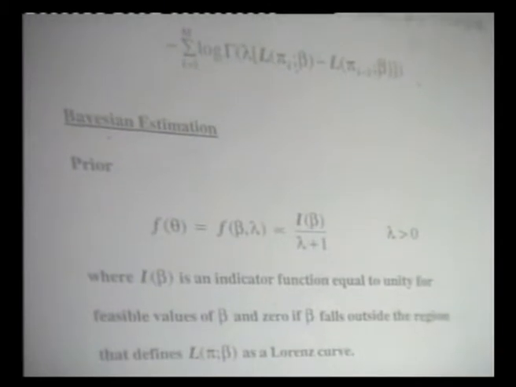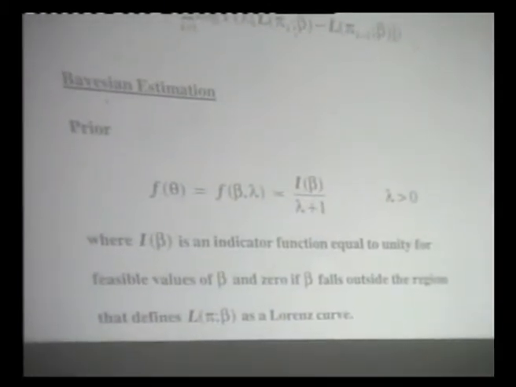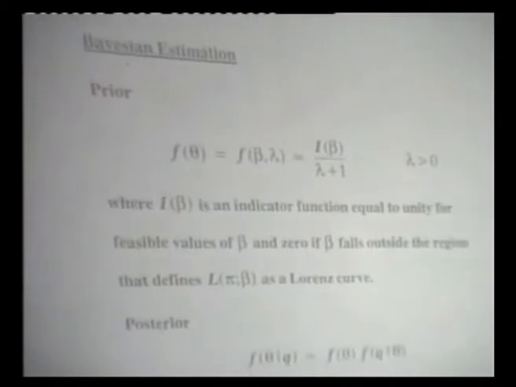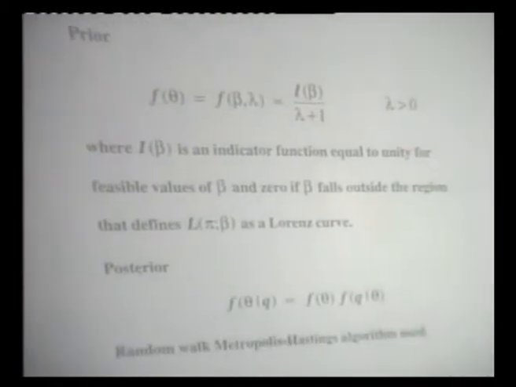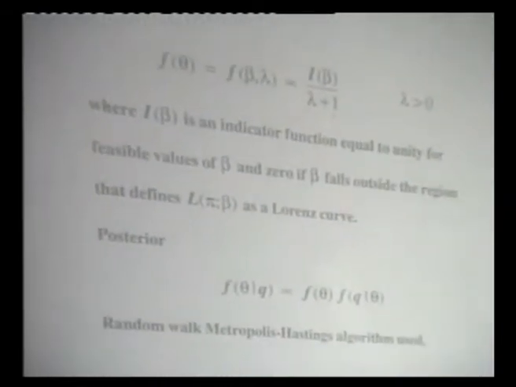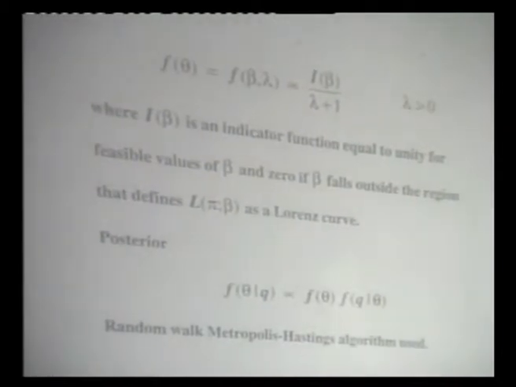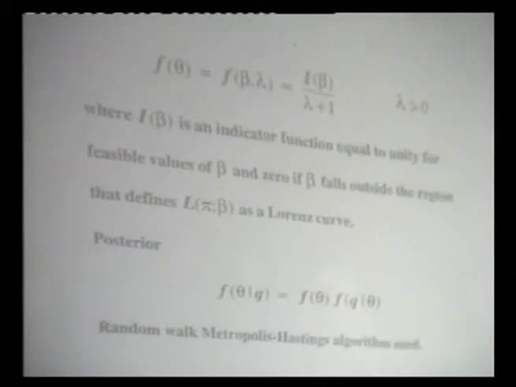And there are some inequality constraints for these Lorenz functions. So the parameters have to satisfy certain inequalities for some of these Lorenz functions for them to be Lorenz functions. And so this I beta is a bit like I had yesterday, defining the feasible region. And like in every talk so far, I used again a random walk Metropolis algorithm to generate observations. Okay, what Lorenz functions did I use?